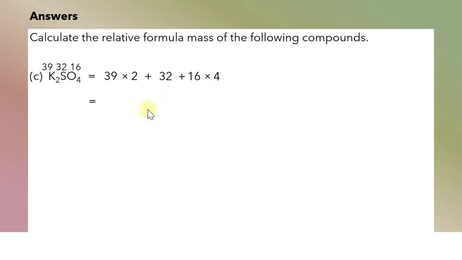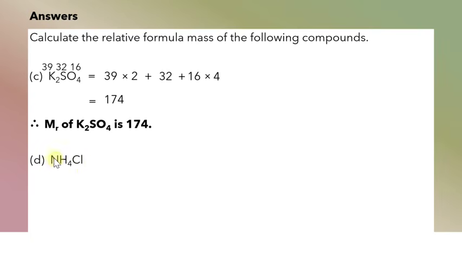Then when we evaluate everything, we'll find that this will give us 174. Then we'll say therefore the relative formula mass of potassium sulfate is 174.